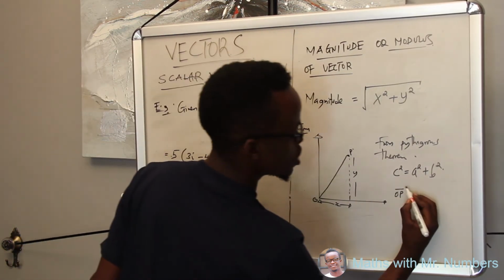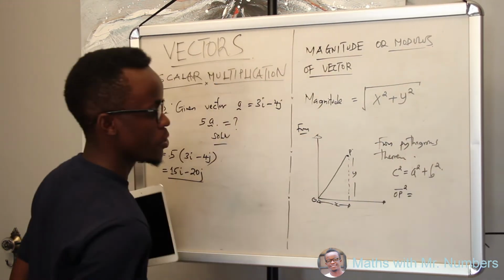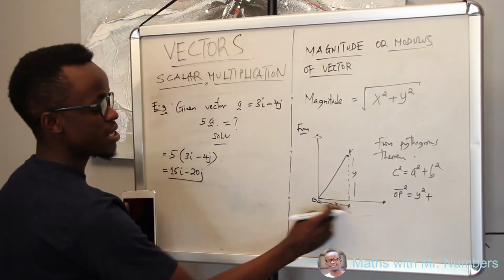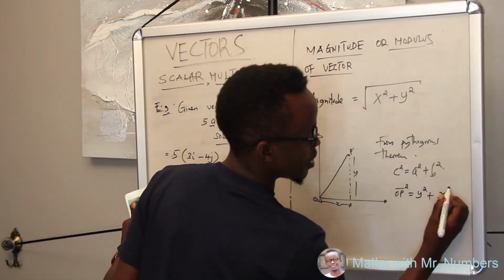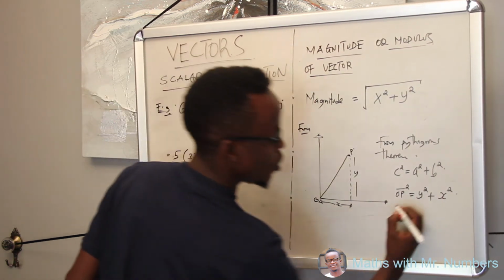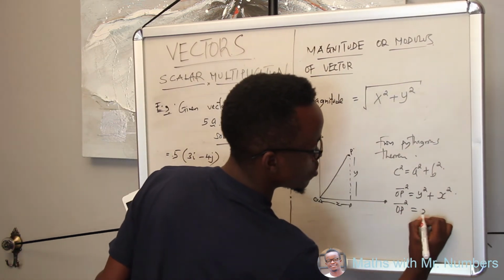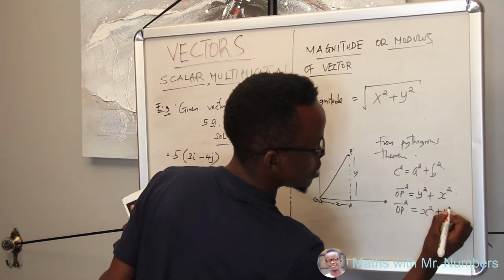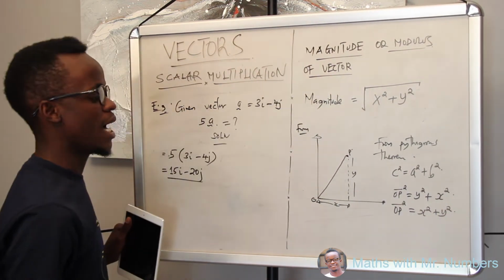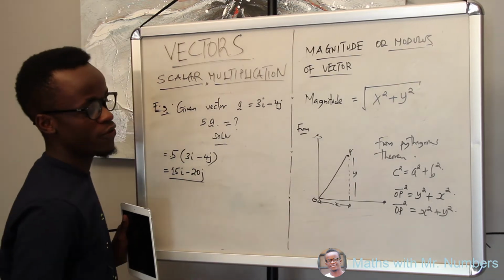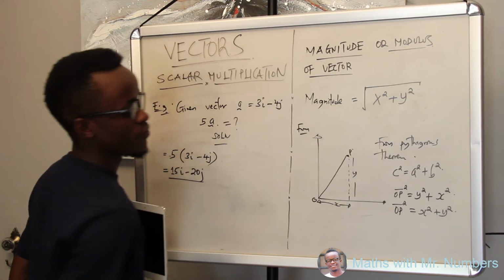So the distance OP squared equals a squared, which is y squared, plus b squared, which is the base, therefore x squared. If we arrange it in a good order, we write it like this: OP squared equals x squared plus y squared. But this OP is the magnitude of this vector. Therefore, OP is the magnitude of the vector.